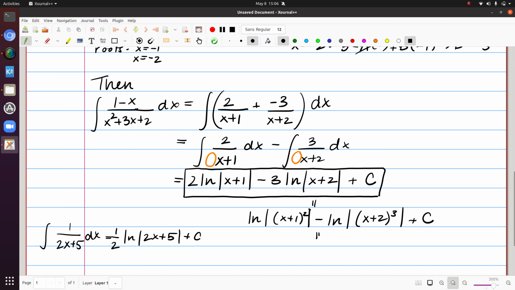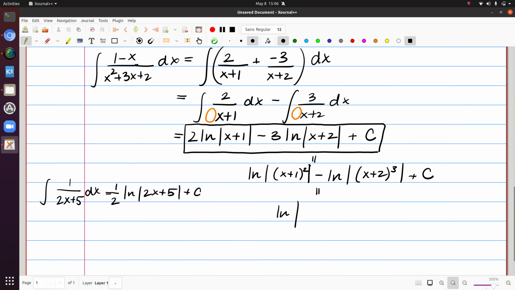And then further, you could write this as a single log by saying that the difference of two logs you can write as the log of a quotient. So this is also a suitable way to express the final answer. And we will address later that sometimes with definite integrals, especially when we're looking at improper integrals, being able to express it as a single log function can be helpful.